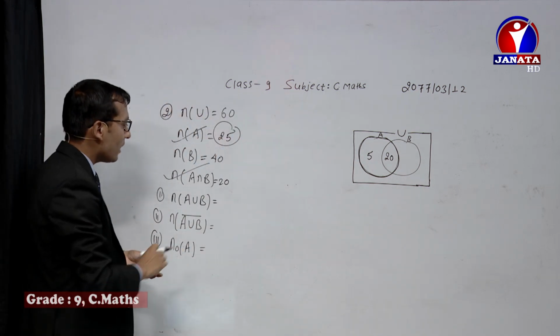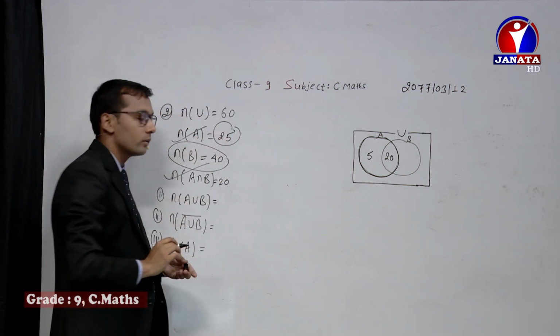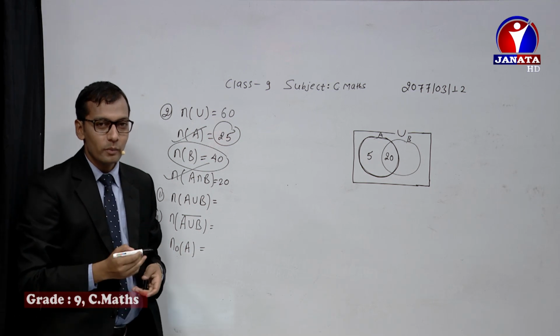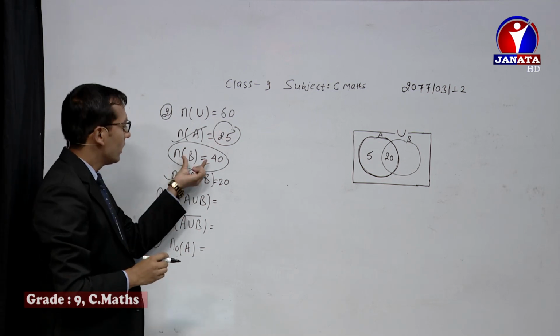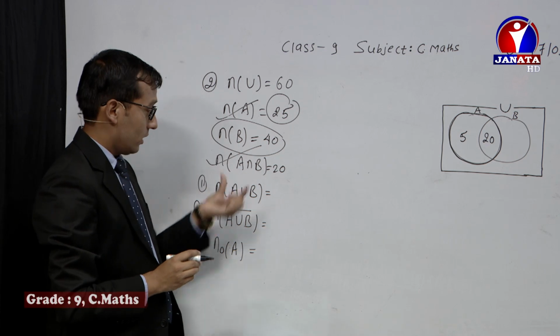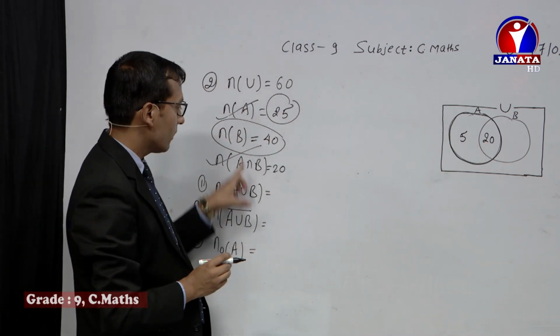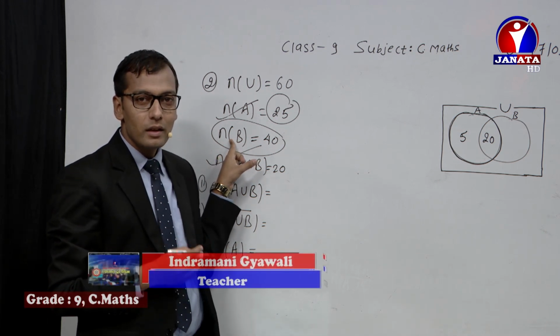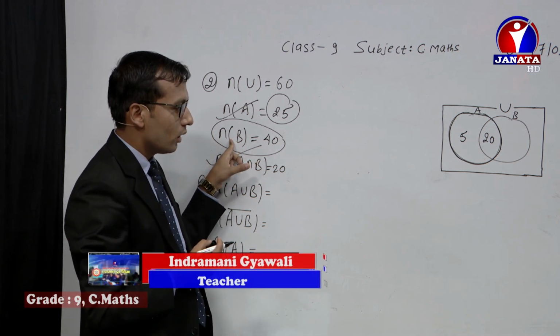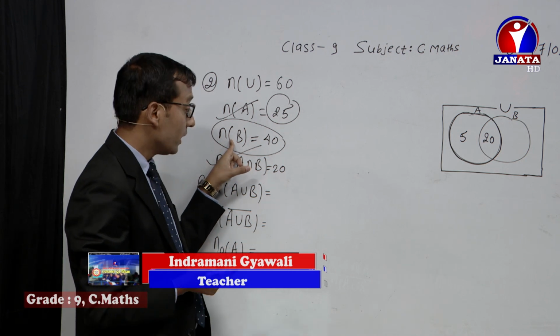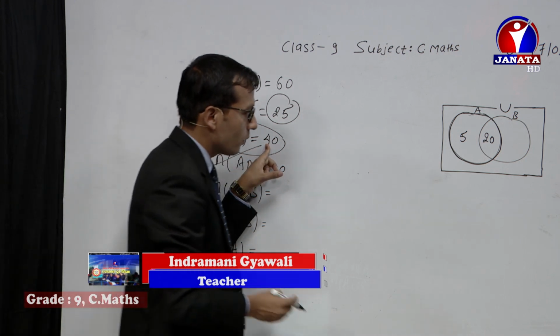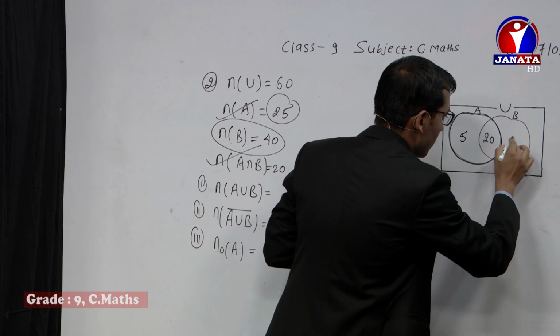What is n of B? It's 40. If we subtract the intersection 20 from n of B, we can easily find the value for n only B. What is 40 minus 20? It's 20.